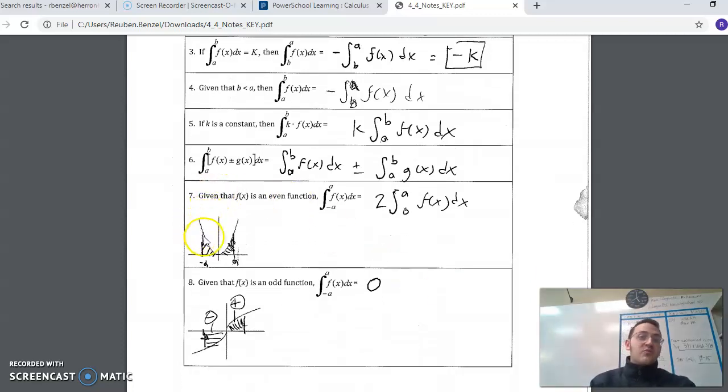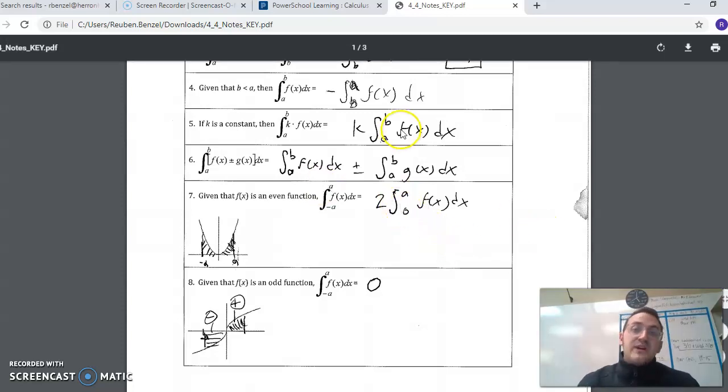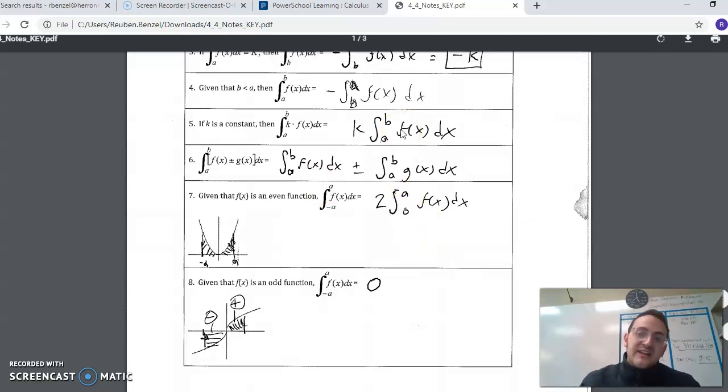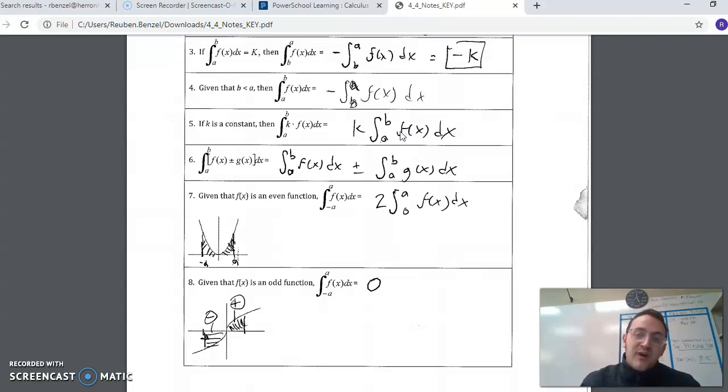Even functions like parabolas, my textbook parabola, the typical poster child of the even function, is nice and symmetrical. So if you have the positive and negative version of your upper and lower limits, like 2 to -2 or -3 to 3, you could have the same effect if you go from 0 to the upper limit, just in the positive world, and multiply it by 2.